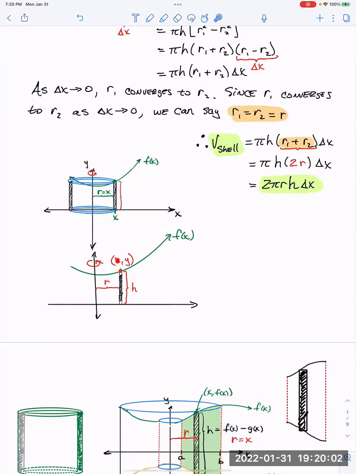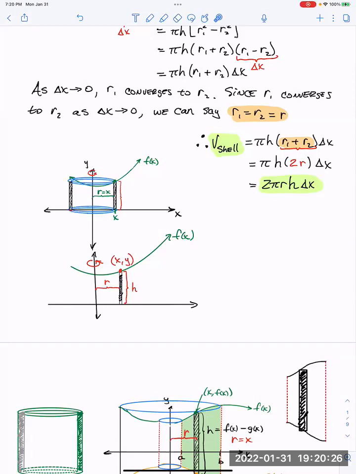The distance x is from the y-axis to the partition, so R will equal x. Okay, any questions on that? Like if this was an ordered pair (2, 3), the radius would be 2 and the height would be 3. But it's arbitrary, so we say x, y.